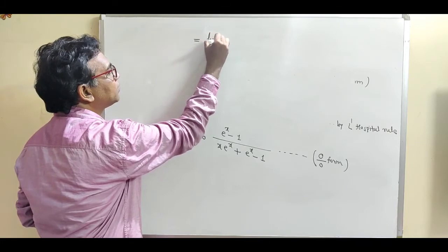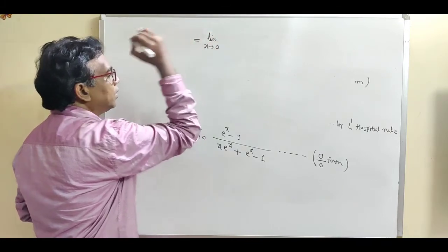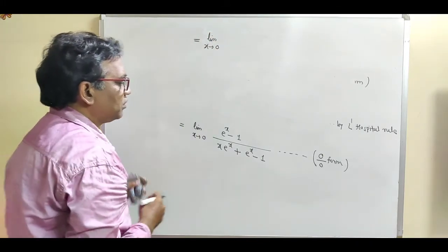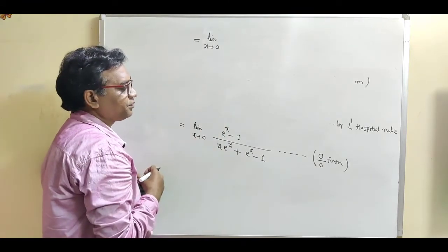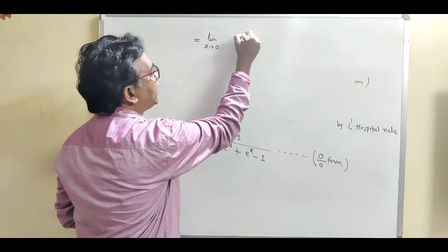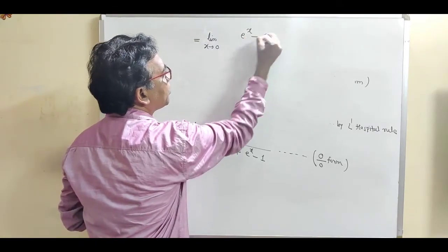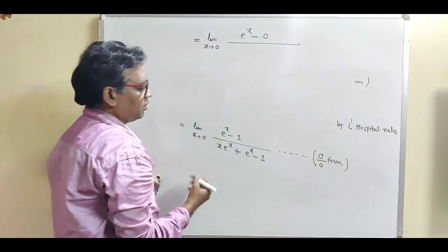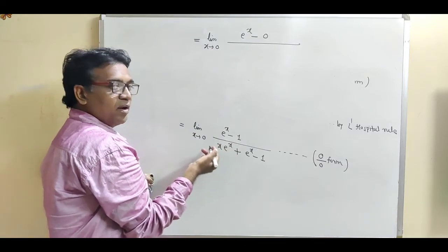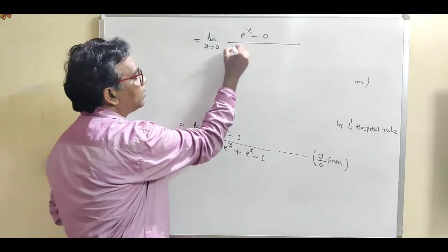So this is limit x tends to 0. Now just take the separate derivative. Derivative of e raised to x is the same. Derivative of a constant number is 0. Now for this term we have to use the product formula.